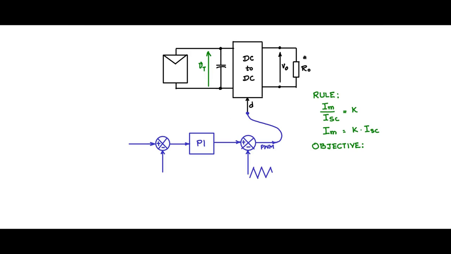So therefore, we can say that IT, the terminal current, should become the same as Im in value in order to achieve maximum power point tracking.